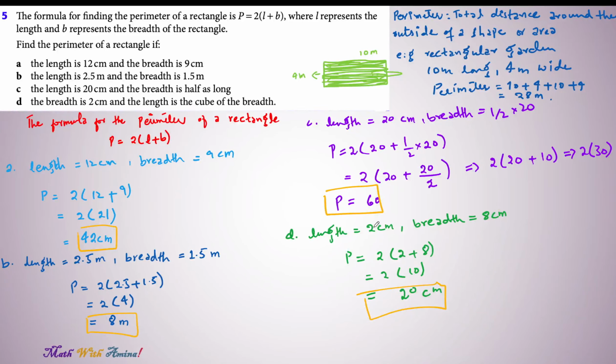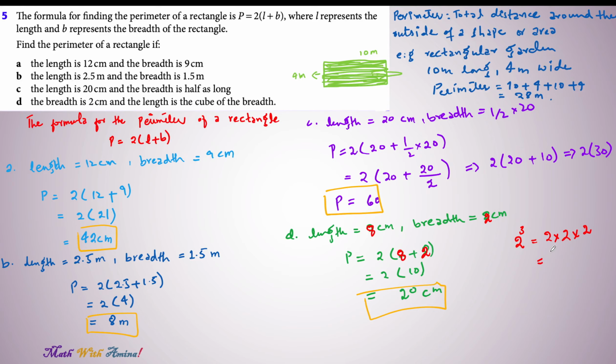The length is 8 centimeter, and the breadth is 2 centimeter. So it would be 8 plus 2, because the cube of the breadth means 2 raised to the power of 3, which is 2 multiplied by 2 multiplied by 2.